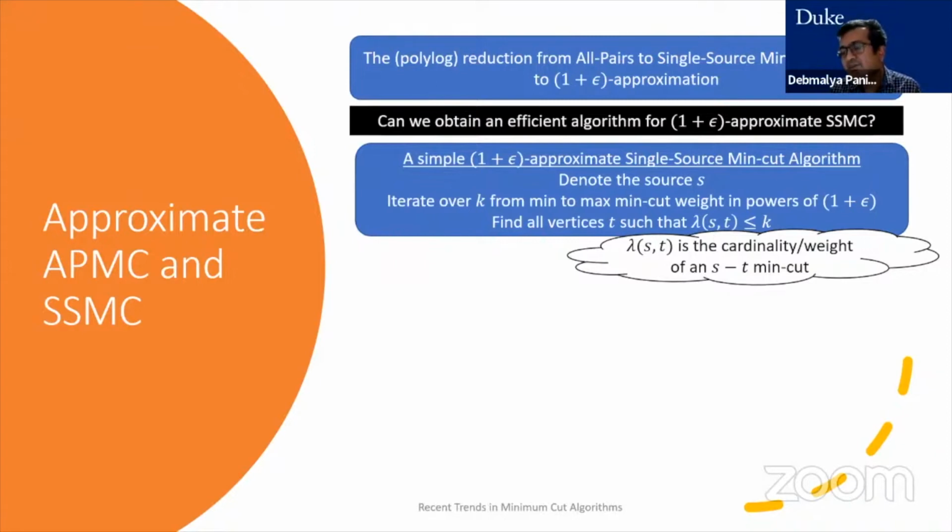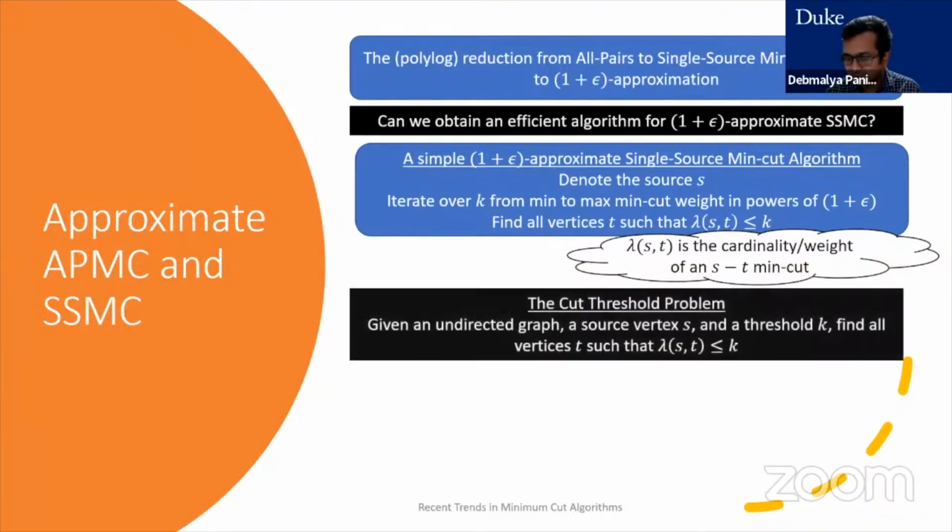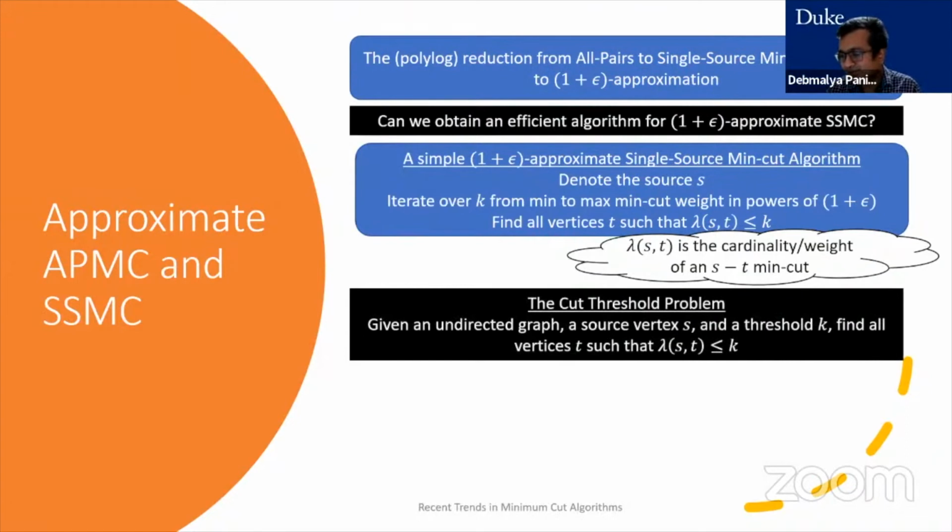Because each level is 1 plus epsilon times the previous level, if I identify whether a vertex's connectivity is below one of these levels or above it, I can determine the connectivity of every vertex up to a factor of 1 plus epsilon. Of course, the catch is, how do I run this last step?